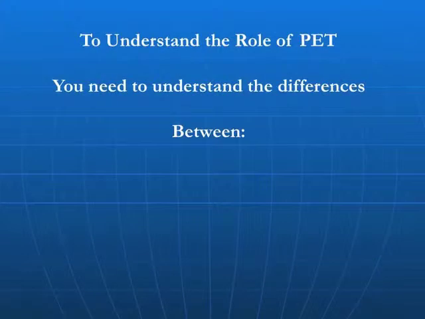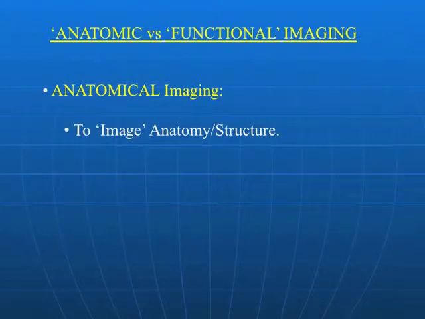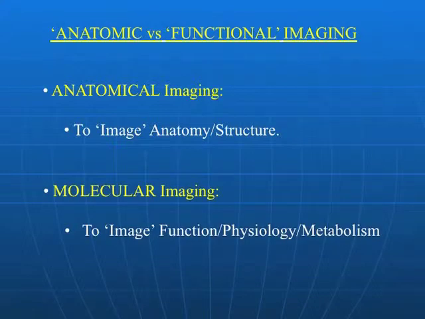But the key to understanding the role of PET is to understand the differences between what I'm going to call anatomical versus functional imaging of patients. Now, anatomical imaging you're quite familiar with. We image structural anatomy, and a CT scan represents that, chest x-rays, ultrasounds, MRs, these sorts of things. An exquisite ability to do that. Whereas molecular imaging used to be called nuclear medicine imaging.